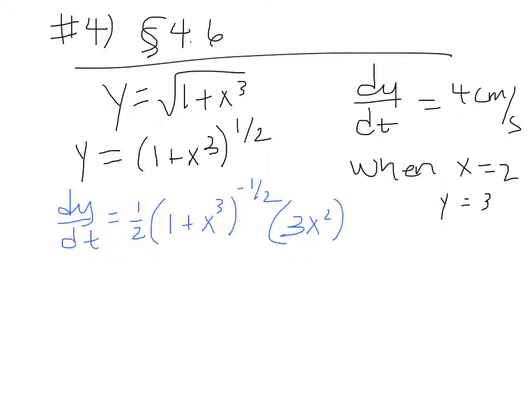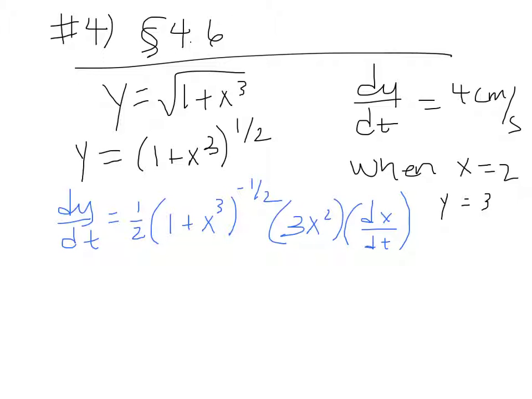And then times dx/dt. There you go. We didn't always do that, right? Well, we didn't because we weren't talking about things with respect to time. We just said how did y change with respect to x. We did do that when we did implicit differentiation, and this is implicit.